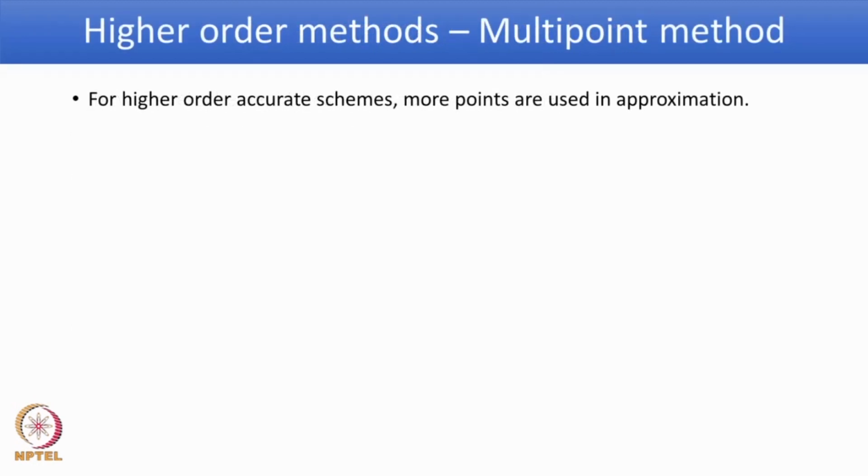So, we have seen a 2 level method. The highest possible accuracy of a 2 level method is second order. The question now is whether it is possible to devise a scheme with higher order accuracy even for the time derivative term.